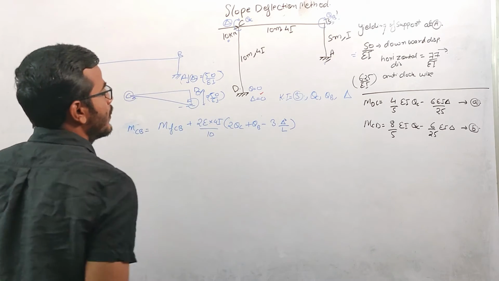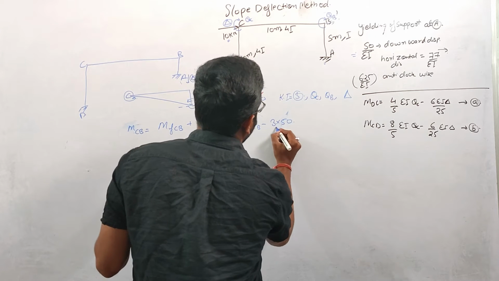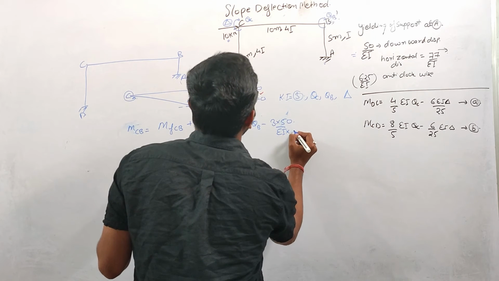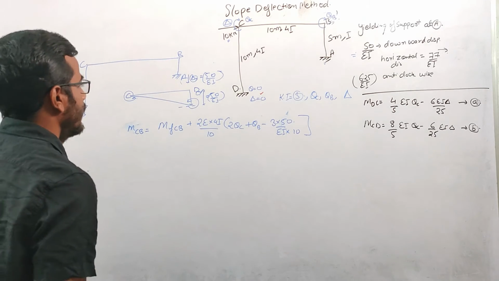Delta dash value is 50 over EI. Okay, so I can write into 50 over EI. L is what? L is 10. So this will be the equation for MCB.